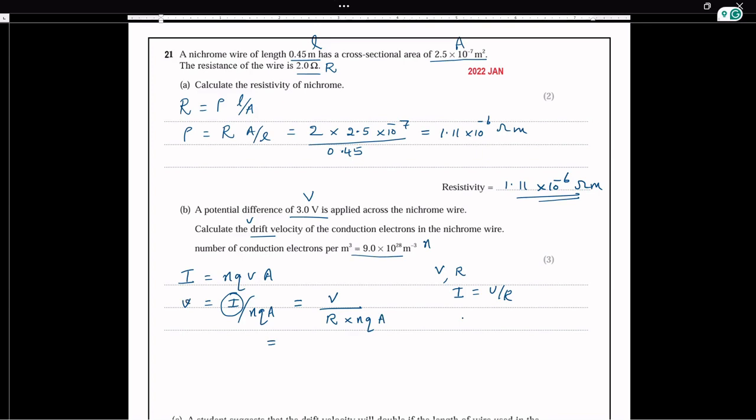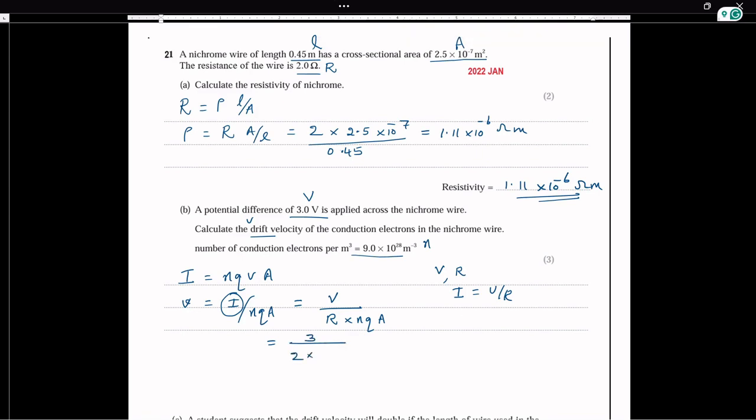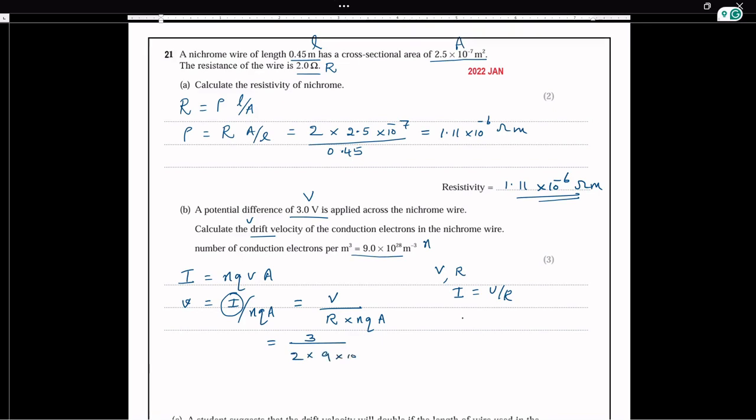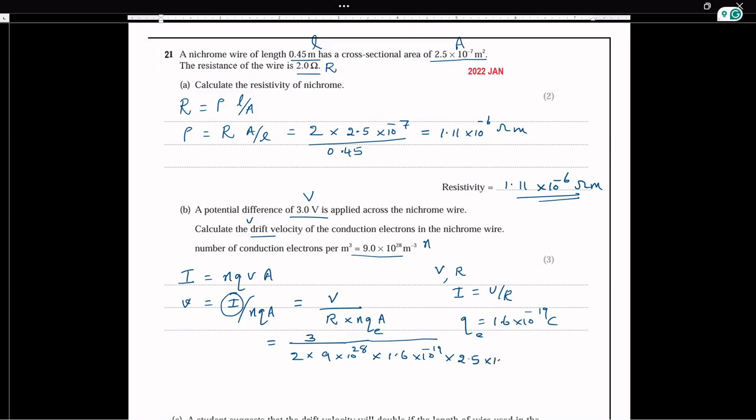So this is current. Then in the denominator, NQA, substituting everything. So drift velocity V. So the voltage is 3 over the resistance, which is 2, and density is 9 into 10 to the power of 28 times the charge of the electron, 1.6 times 10 to the power of minus 19 coulomb, times the area, which is given as 2.5 times 10 to the power of minus 17.